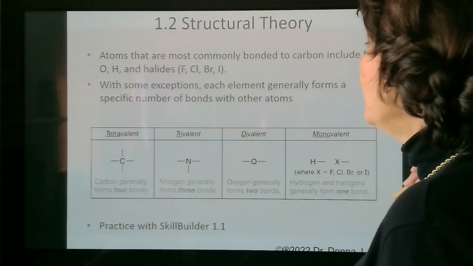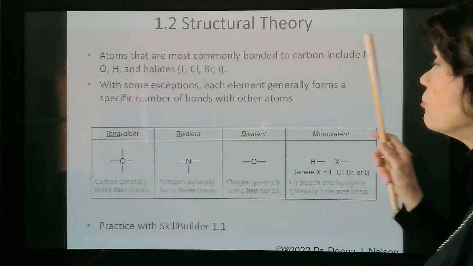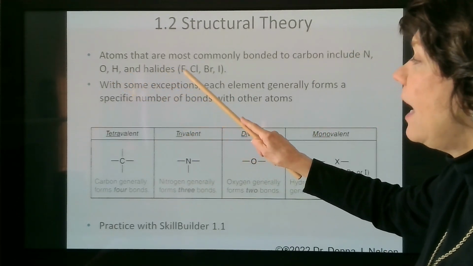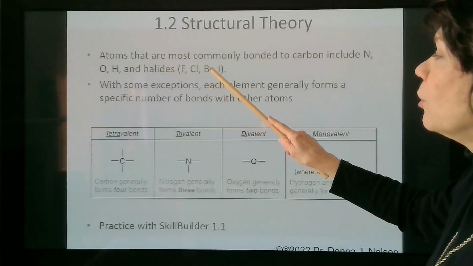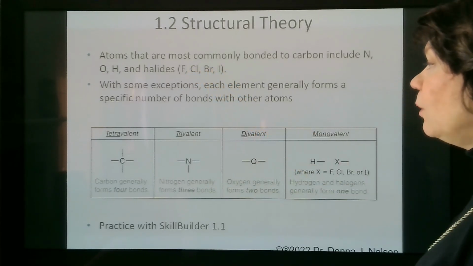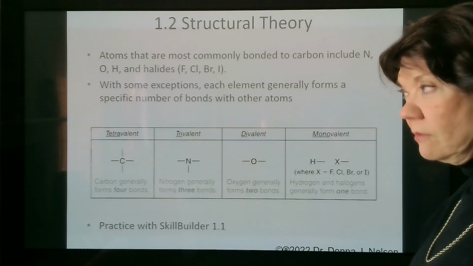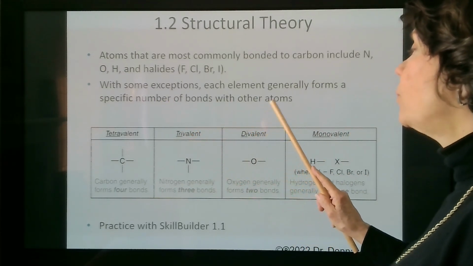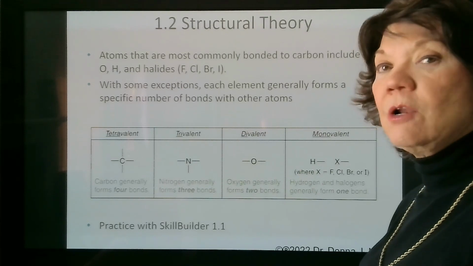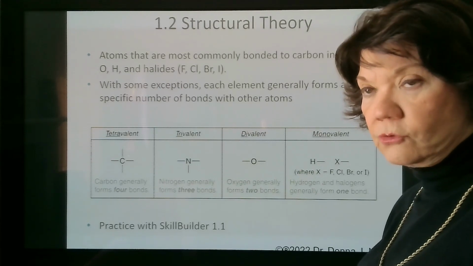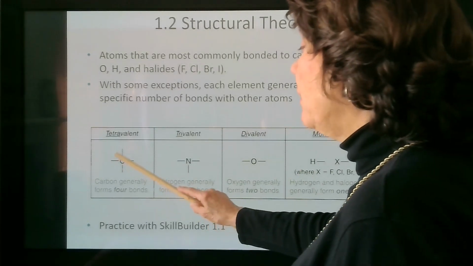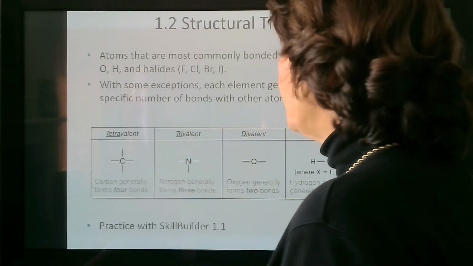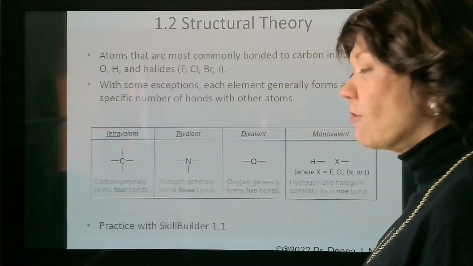Atoms that are most commonly bonded to carbon include nitrogen, oxygen, and the halogens: fluorine, chlorine, bromine, and iodine. With a few exceptions, each element generally forms a specific number of bonds with other atoms in organic molecules. So here, carbon contains 4 bonds, never more than 4.